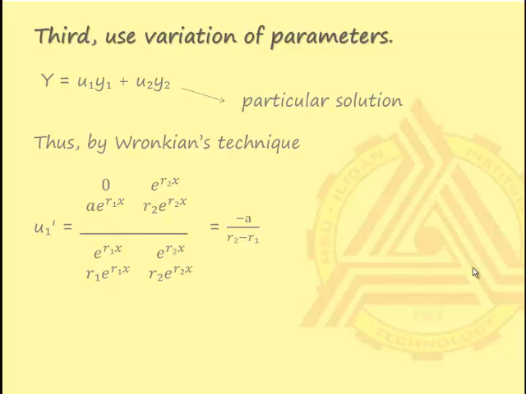Solving that, we get u1 prime is equal to negative a over R2 minus R1. Then we integrate u1 prime to get u1, and we have that equation.